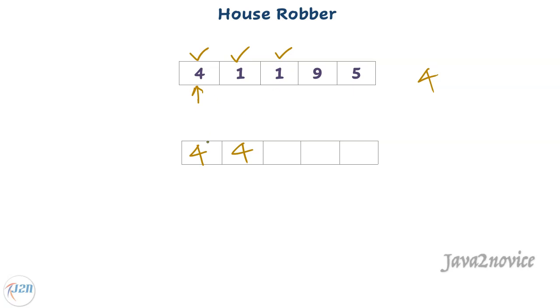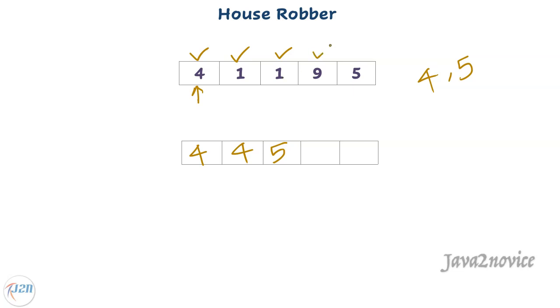Maximum amount till that index is 4 and the current amount is 1. The total is 5. Now the maximum out of these two is 5. Let's track it here. Even if you notice here, out of these three indexes, the max possible amount is 5. 4 plus 1 equal to 5 only. Let's move to the next index.